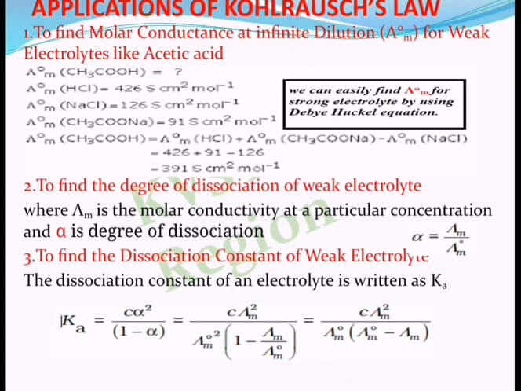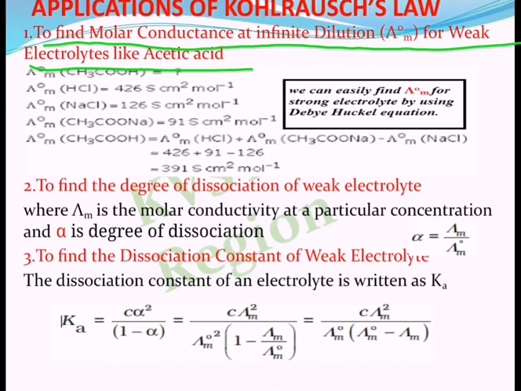By that we can easily find the molar conductivity at infinite dilution of a strong electrolyte, but we cannot find it for weak electrolytes. So here Kohlrausch law helps: we can find the molar conductance at infinite dilution of a weak electrolyte like acetic acid.